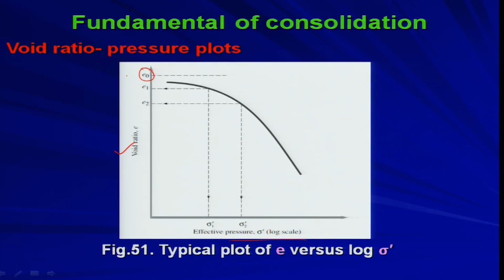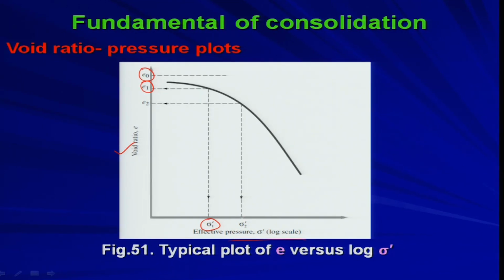Now if you increase the total stress sigma 1, which eventually becomes the effective pressure sigma 1 prime at the end of consolidation, you get some reduction in void ratio, say delta e 1, and so the final void ratio is e 1, which equals e naught minus delta e 1. We already calculated this in the last lecture.